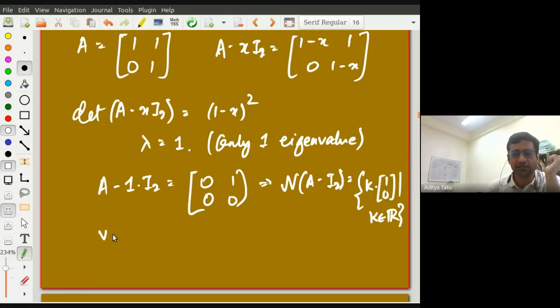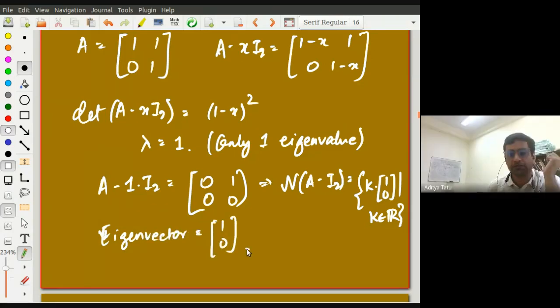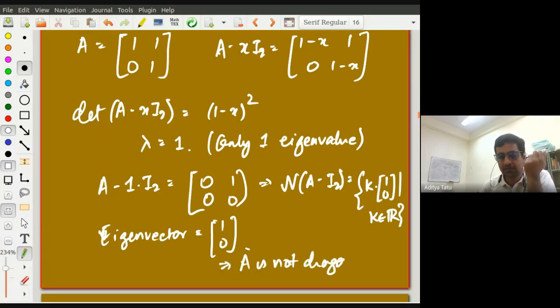So can you give me the eigenvector then? It has to be 1, 0. But you can see there is only one linearly independent eigenvector, right? There is nothing else you can do about it. Which implies A is not diagonalizable, because there is no eigenbasis of this.